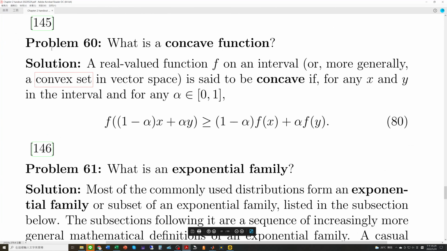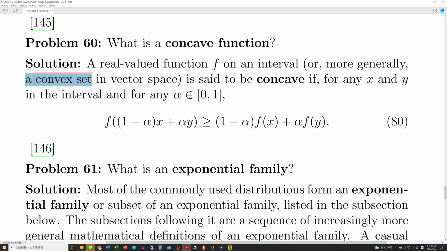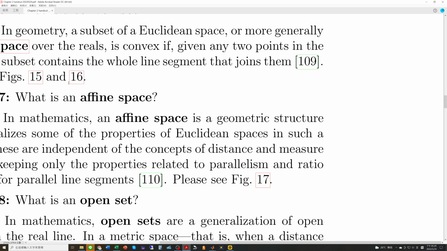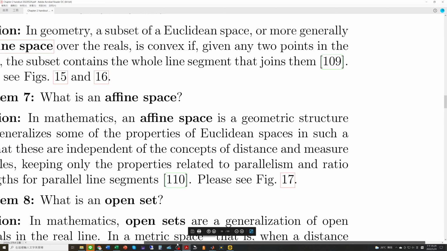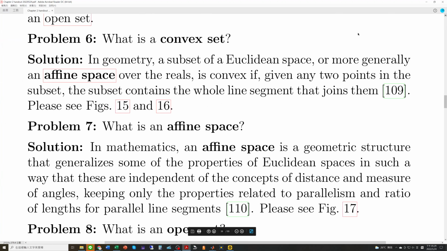Okay, so let us see problem 60. What is a concave function? Solution: a real valued function f on an interval, or more generally, a convex set. Okay, what is a convex set? Okay, you can click it. Okay, and you will find we have introduced it before in problem 6.